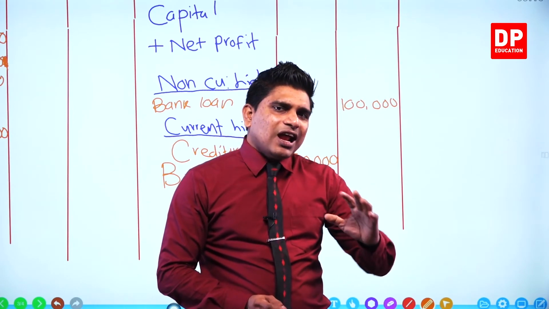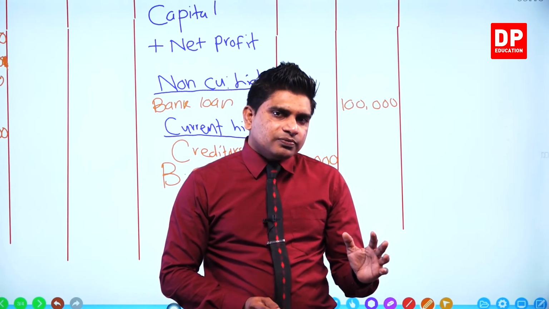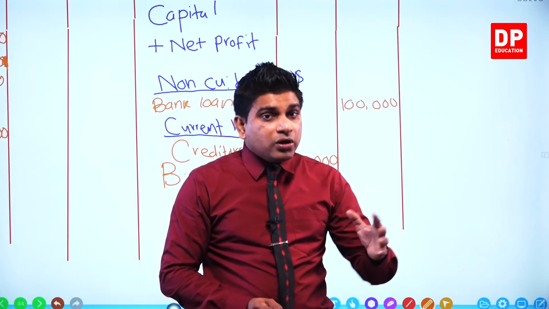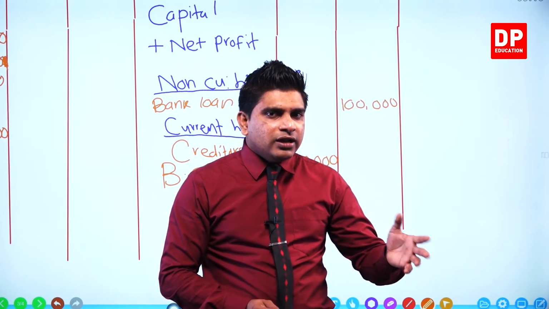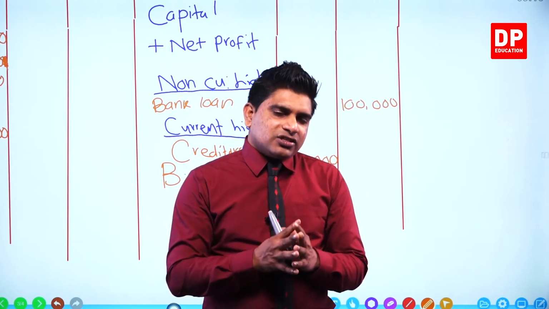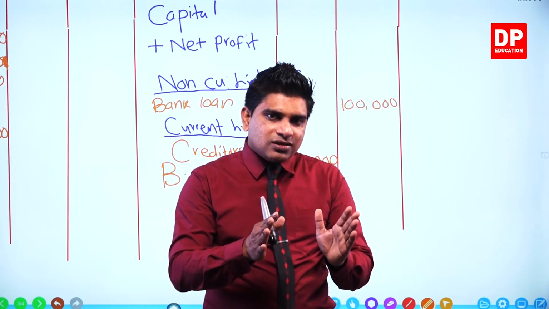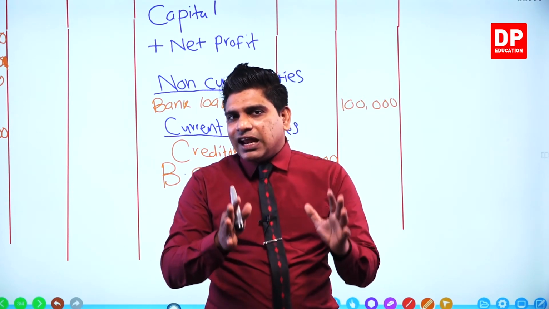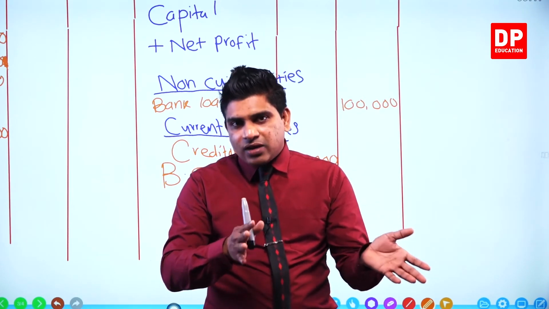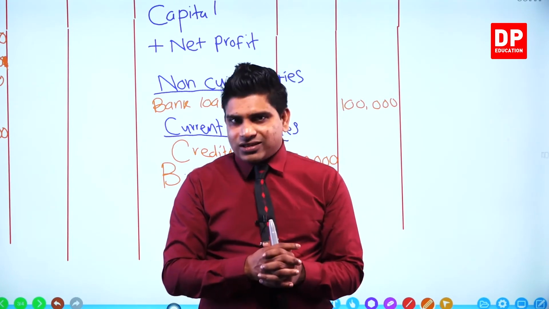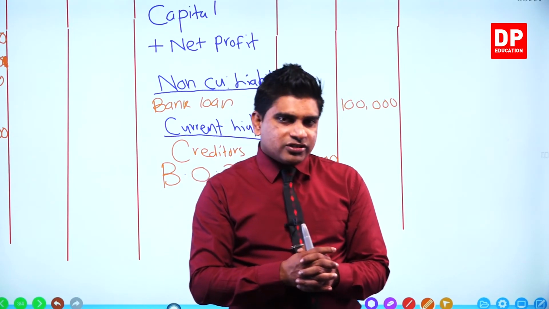When they give this kind of percentage, you calculate the percentage amount on the bank loan amount, right? Then you can see the annual interest. 8% of 100,000 is 8,000, right? 8,000 is the agreed interest to be paid by the business to the bank. It is annual interest.